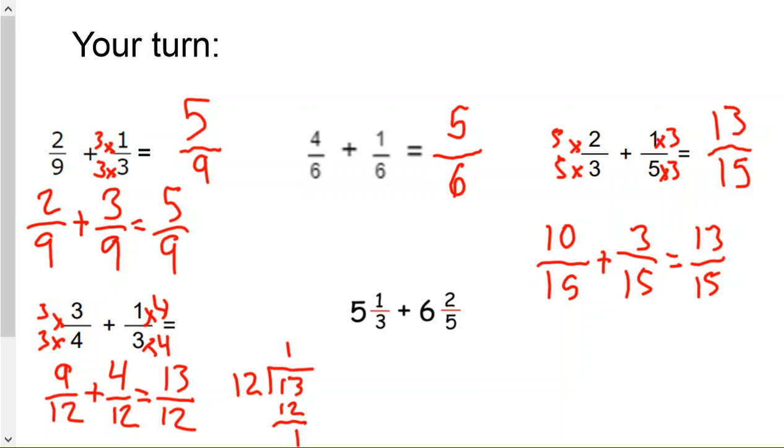So now, this is our whole number. Whole number here. This is our new numerator. And here is the denominator. Okay, so our answer would be 1 whole and 1/12.